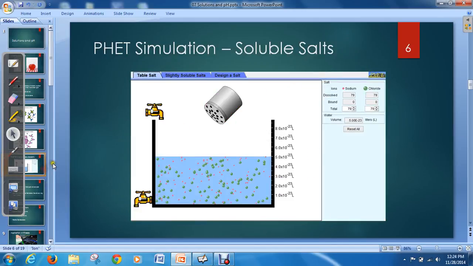We saw a demonstration here that water is able to dissolve as much as it can until it reaches a limit. If you put too much salt, it no longer has enough water molecules to break everything apart. But as long as there's enough water, it's able to dissolve many substances.